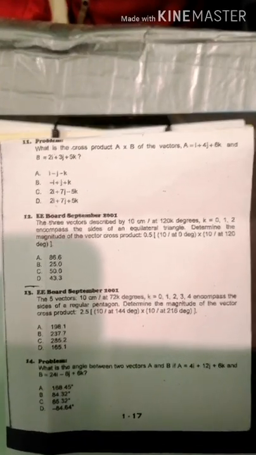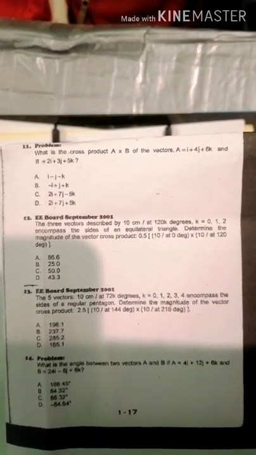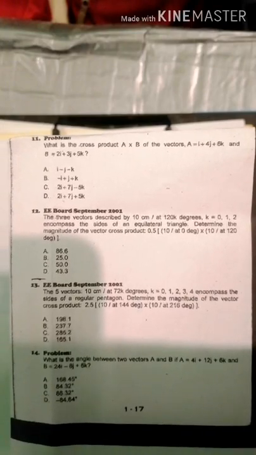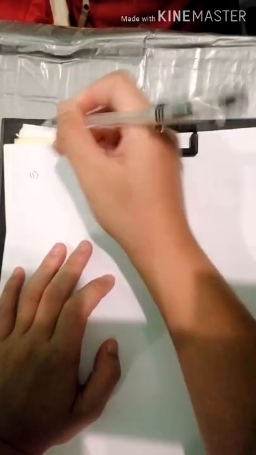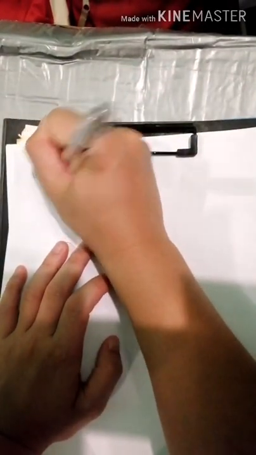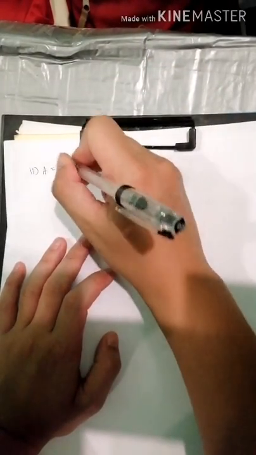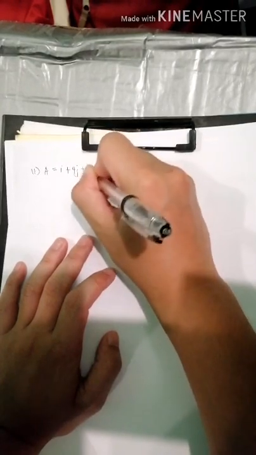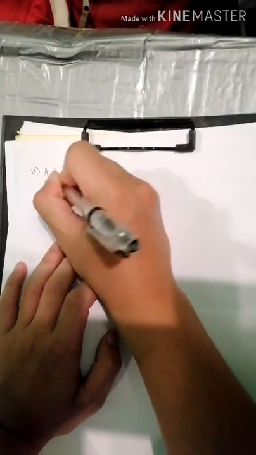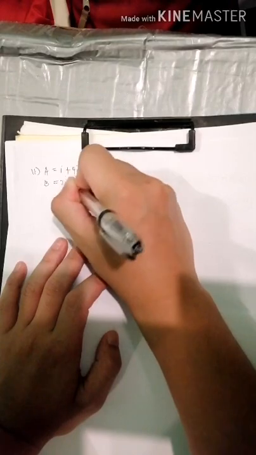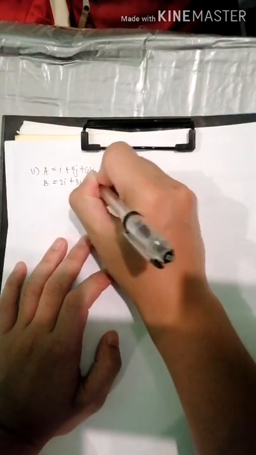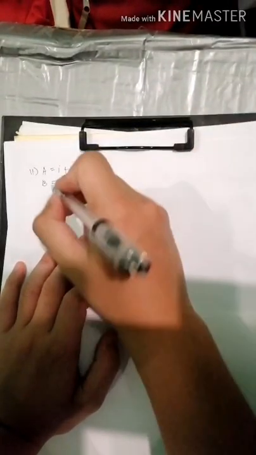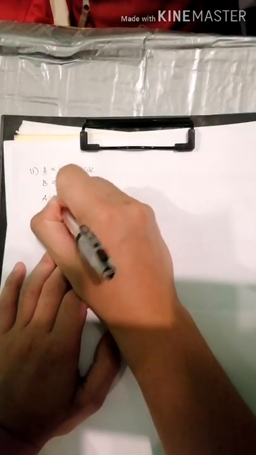Problem 11. What is the cross product A cross B of the vectors A equals i plus 4j plus 6k and B equals 2i plus 3j plus 5k? Given A equals i plus 4j plus 6k and B equals 2i plus 3j plus 5k, I will use a matrix to solve the cross product.